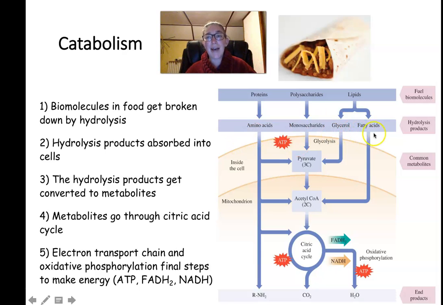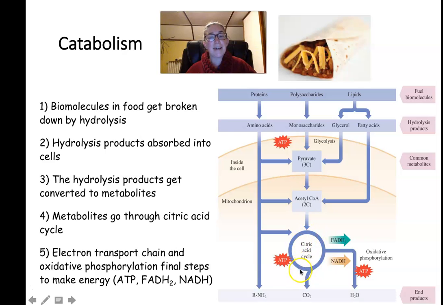Right? So now these hydrolysis products are small enough to actually be absorbed through the intestinal wall into the cells. And once they get absorbed into the cells, they can be converted into common metabolites. So two common ones are pyruvate and acetyl-CoA. Acetyl-CoA is the starting material for the next stage of metabolism, the citric acid cycle.